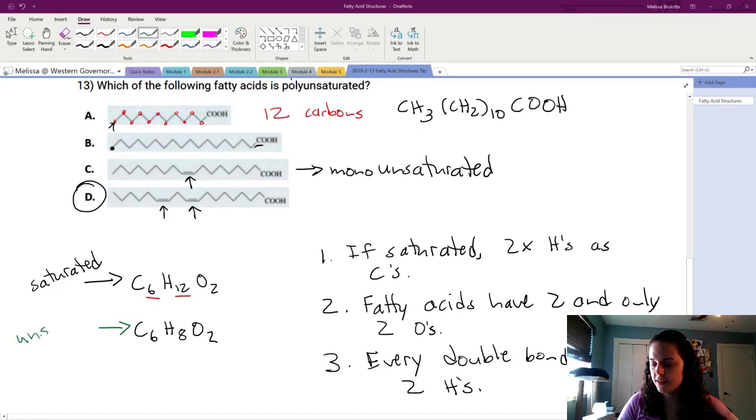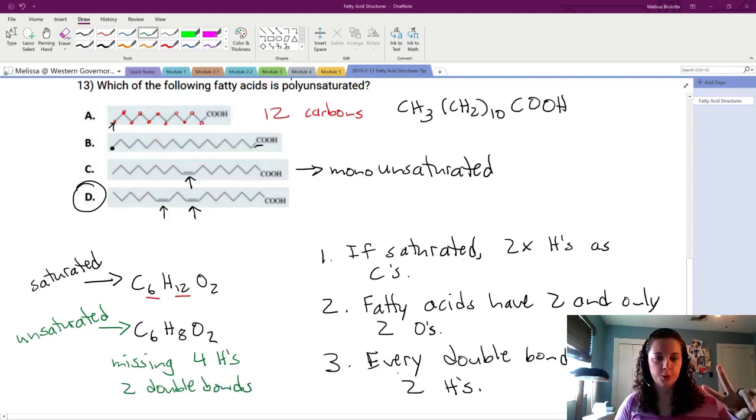So we know for sure this is unsaturated. And to determine how many double bonds it has, we would just see how many we're missing. So if this was saturated, we would have 12 hydrogens, but we only have 8. So we're missing 4 hydrogens. That means there must be 2 double bonds, because every double bond loses 2 hydrogens. So if we're missing 4, we've made 2 double bonds. And so this would be another polyunsaturated fatty acid.